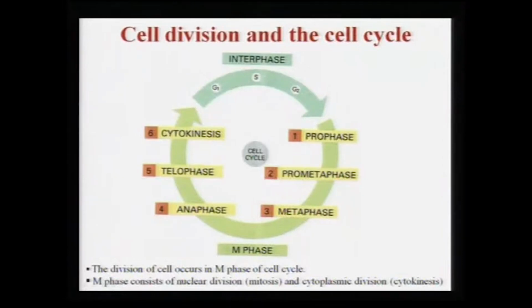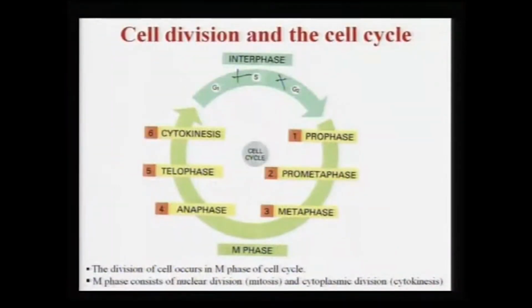So, in cell division and the cell cycle, once it goes through G1, S, G2, that is interphase, what will happen? It goes through the M phase. In the M phase, again on the micro scale, it can be divided into several stages. Remember what I am saying: you already know interphase is G1 plus S plus G2.